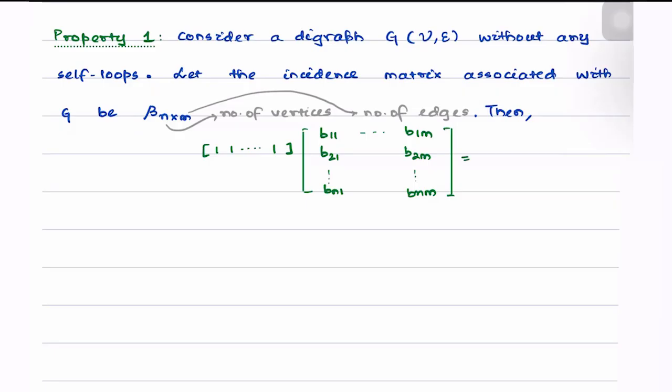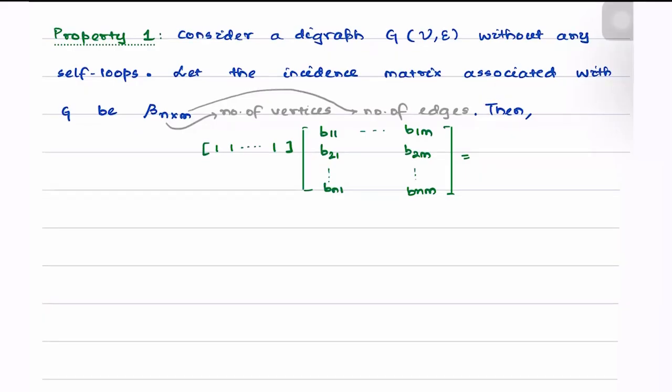Okay, now since there are n number of entries here, the dimension of this has to be equal to n here. And this we know adds up to 0. How many entries will be there on the right hand side?